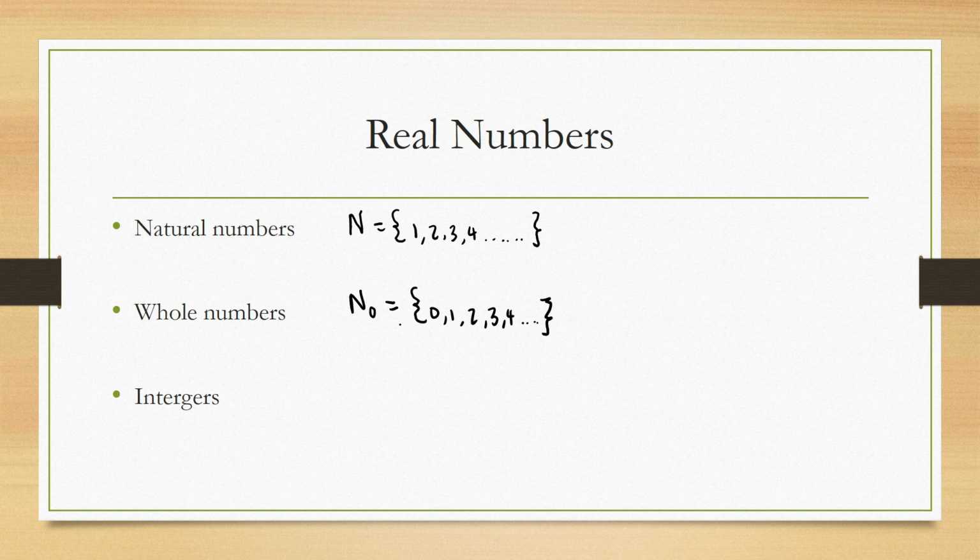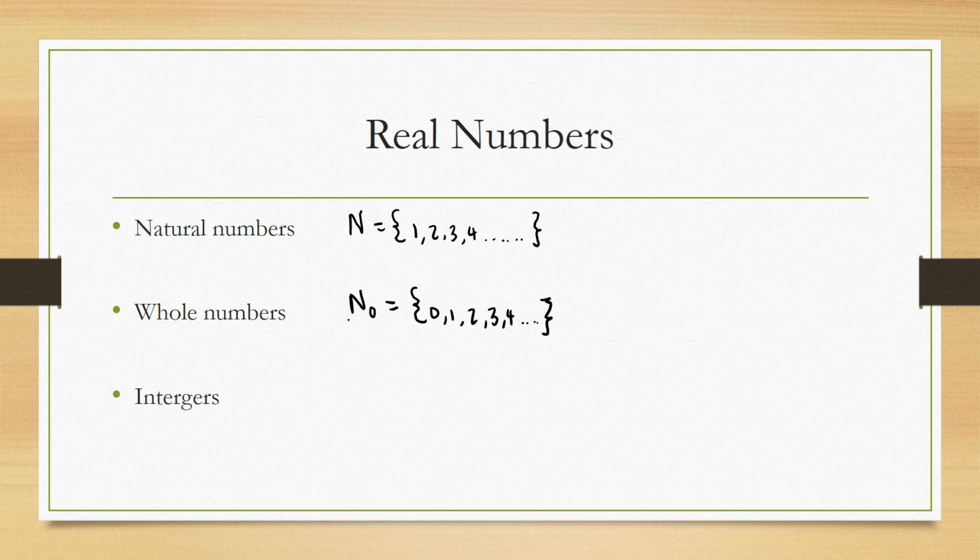Hence we call those numbers integers. They're the same numbers that exist on something we call a number line, which I believe you must know by now. But if not, you are going to be learning a lot on number lines, as you are going to be using them quite extensively in your 10th grade.